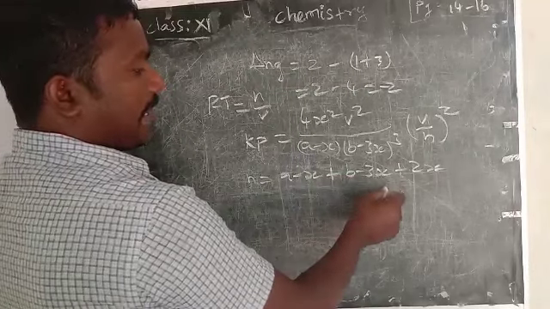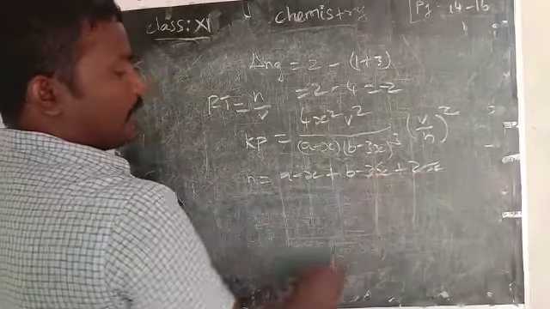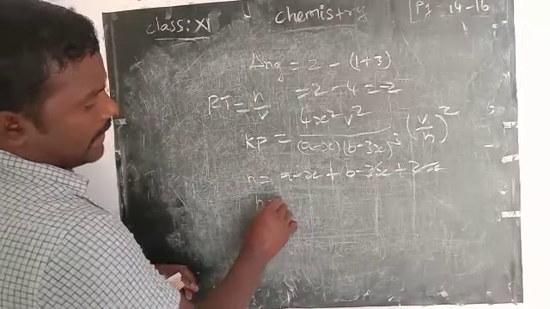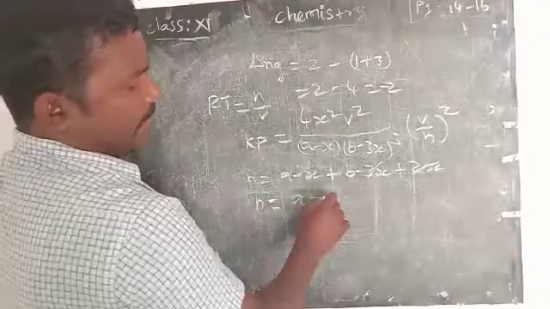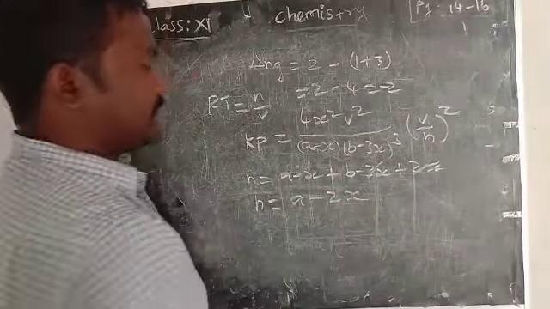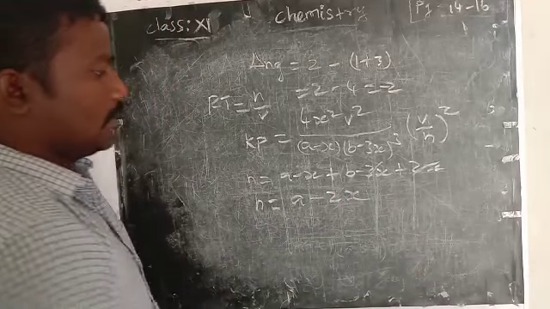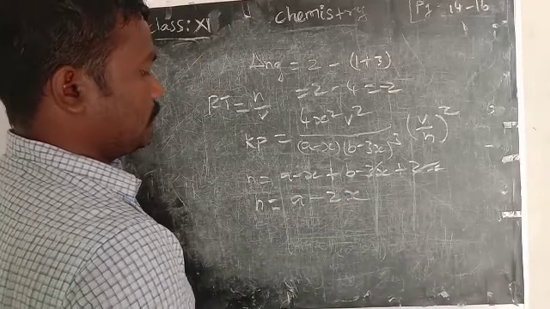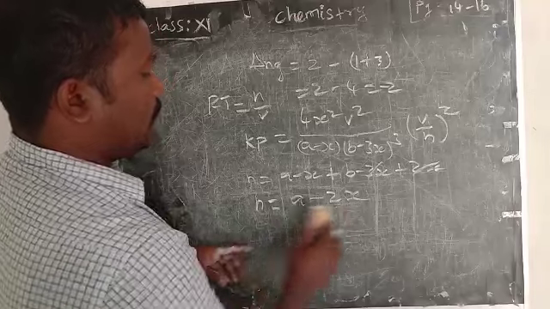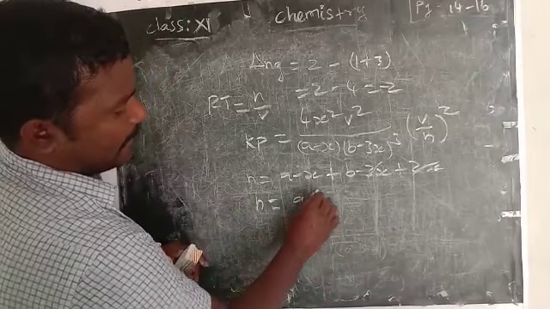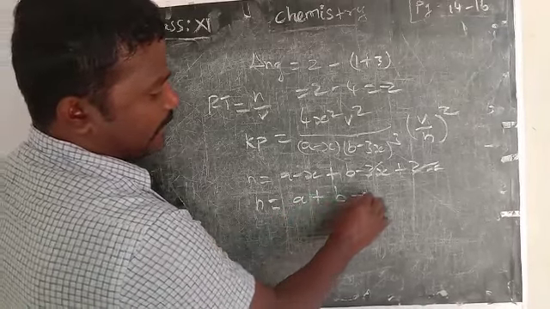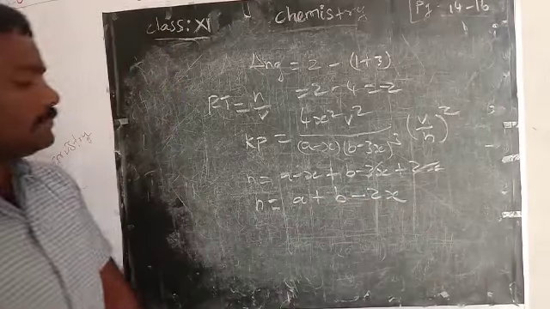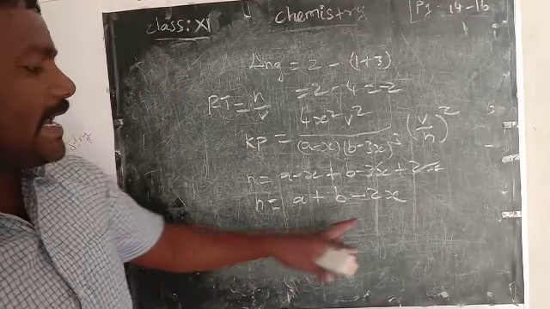So totally minus 4x plus 2x, so N is equal to a plus b minus 2x. Okay, now you got the N value.